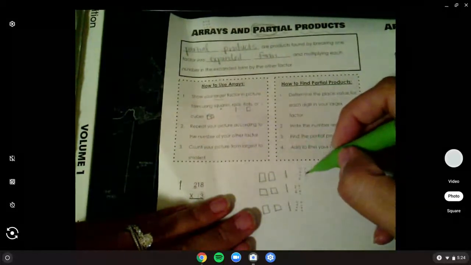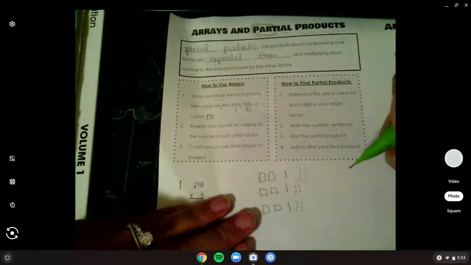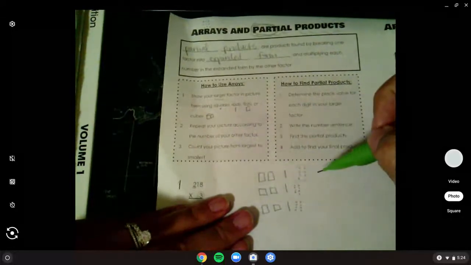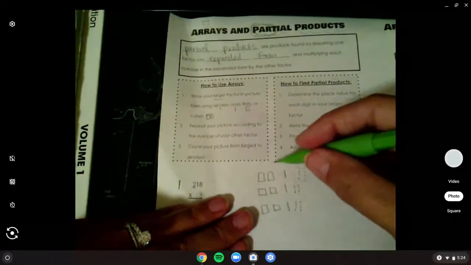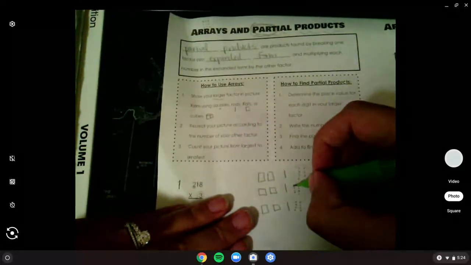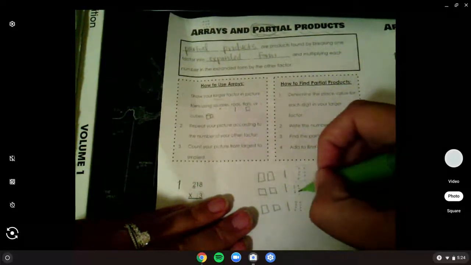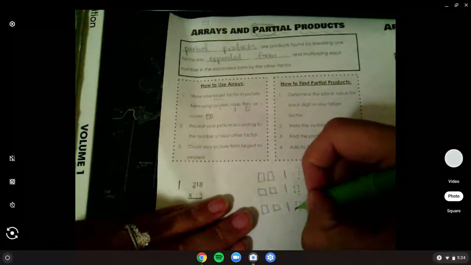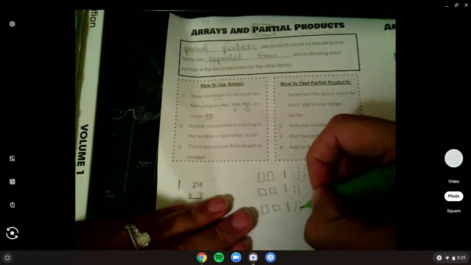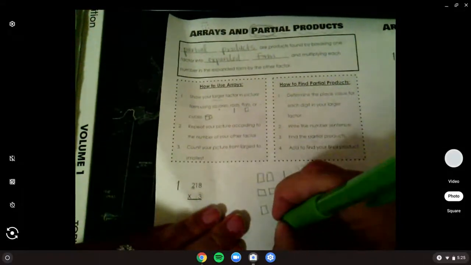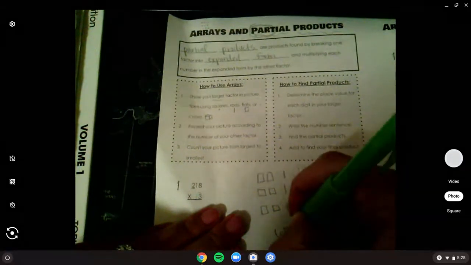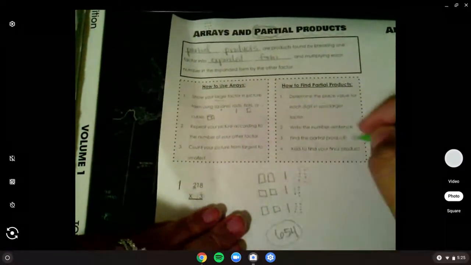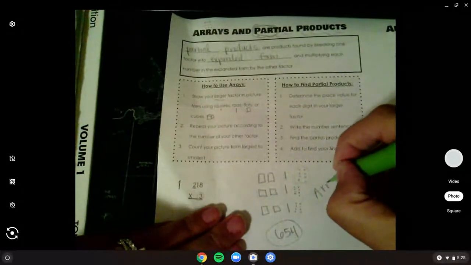So I'm at 630, and I know that this group is 8. So 638. Now I want to count on because I'm going to regroup into my tens. So 638, 39, 40, 41, and so on up to 54. So we found our product of 654 by showing an array.